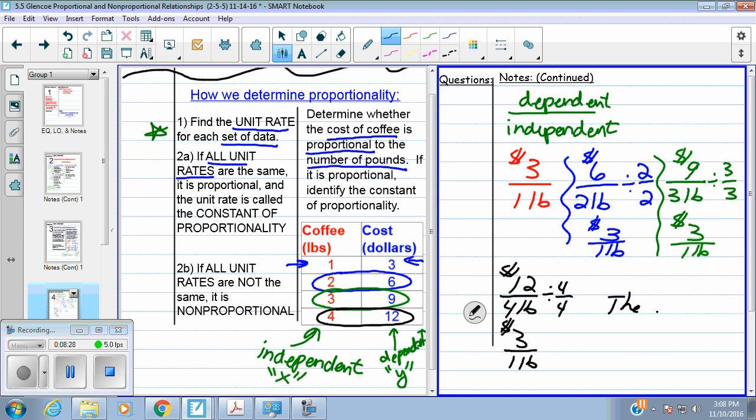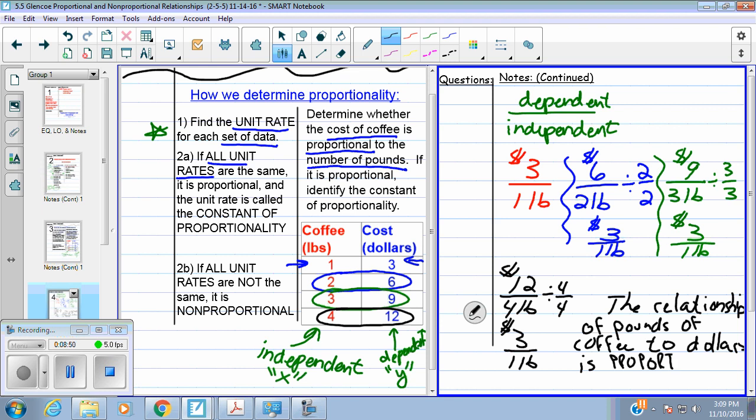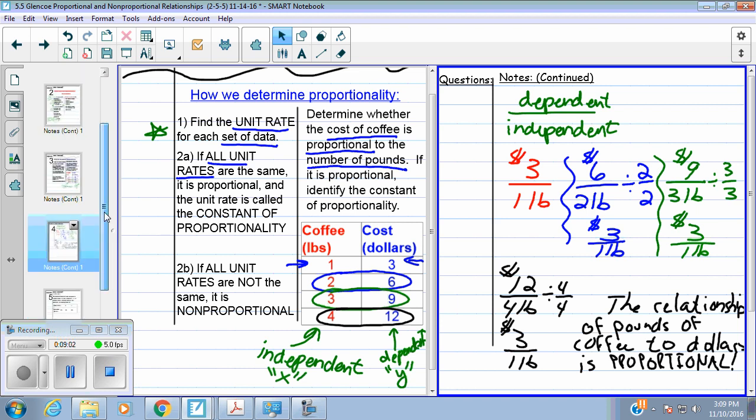The relationship of pounds of coffee to dollars, or cost, is proportional. Not too difficult, right? Again, our math problems are going to get longer, but I don't think they're actually getting much harder. So that was a great example of proportional.